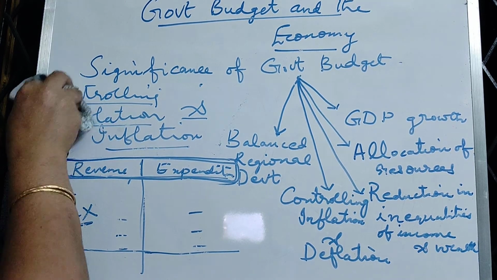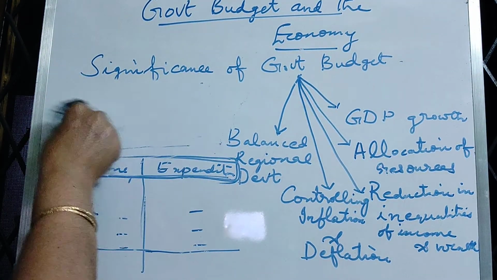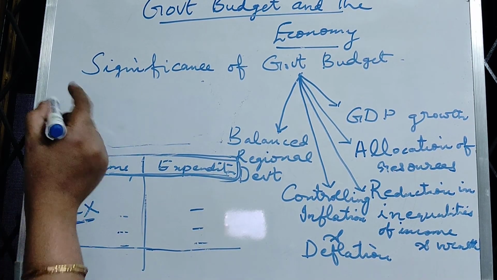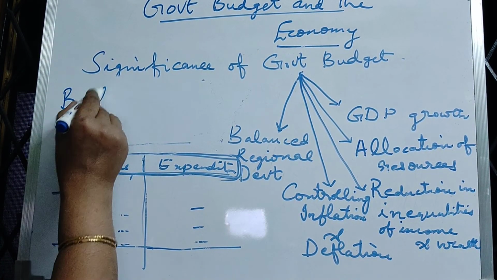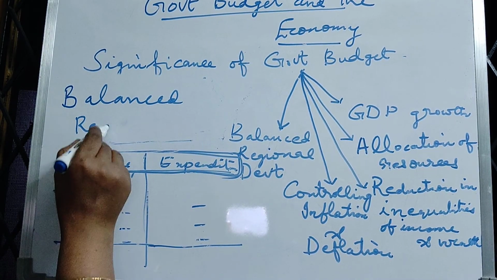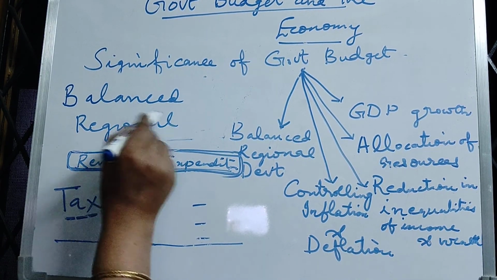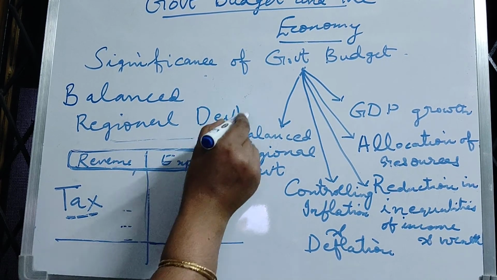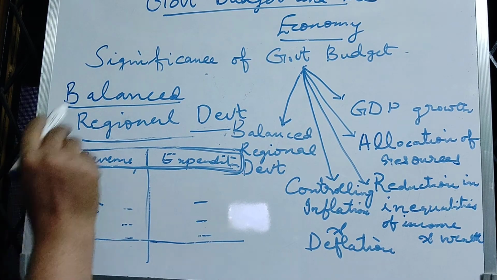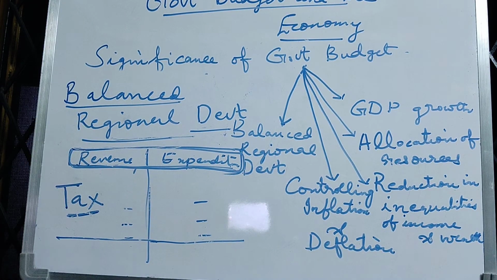And the last one is balanced regional development. This is the last significance of government budget, balanced regional development. You can understand this yourself.